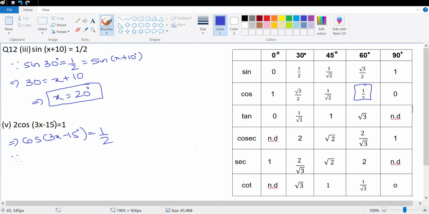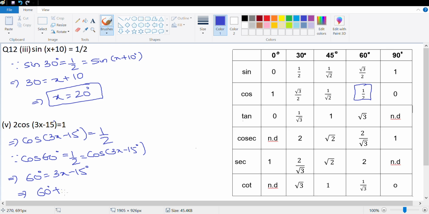So since cos 60 degree is equal to 1 upon 2, which is given equal to cos 3x minus 15 degree, what this means is 60 degree is equal to 3x minus 15 degree, which means 60 degree plus 15 degree is equal to 3x, which means 3x is equal to 75 degree, which means x is equal to 25 degree. So that's the value of x.